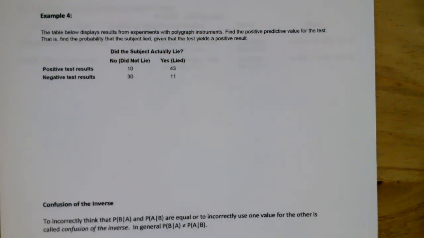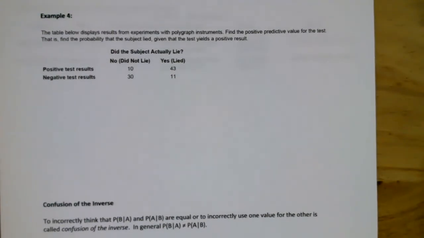The table below displays results from experiments with polygraph instruments. Find the positive predictive value for the test. That is, find the probability that the subject lied, given that the test yields a positive result.